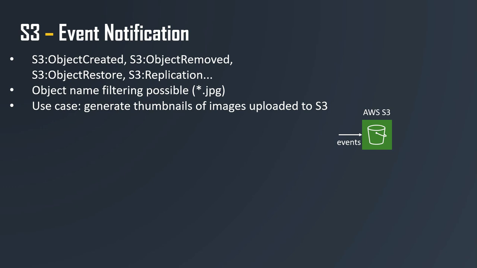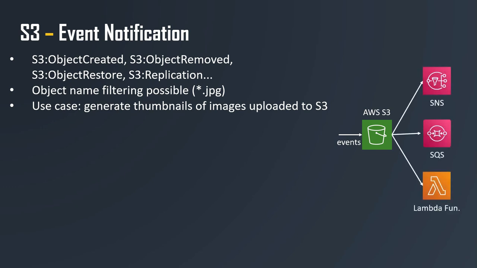So what are the possible targets for S3 event notifications? Well, you have three. You have SNS, the Simple Notification Service, to send notifications and emails. We have SQS, the Simple Queue Service, to add messages into a queue.